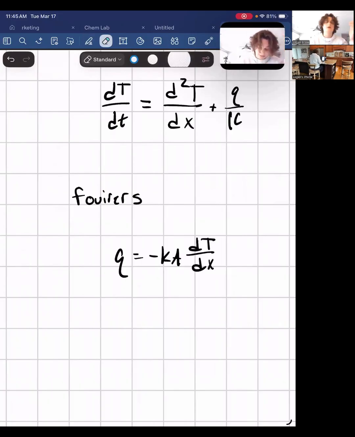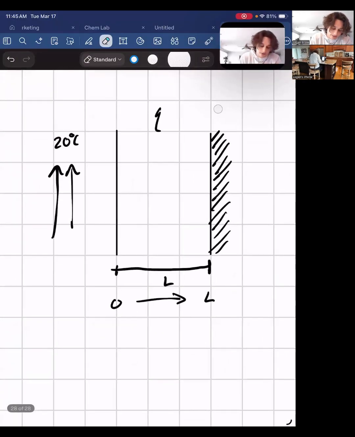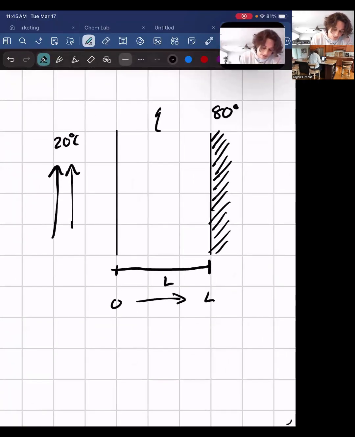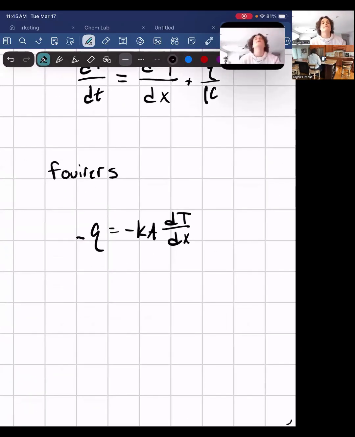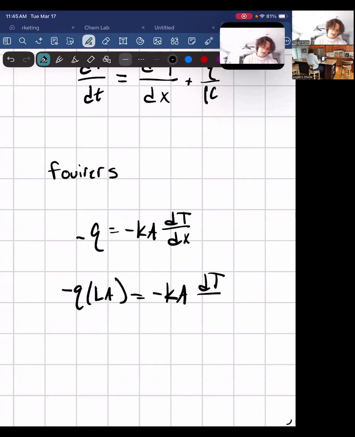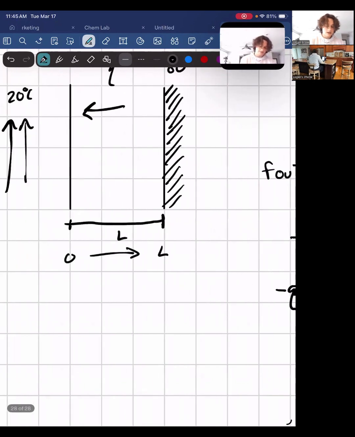And so in this occasion, we know, right? So it's going to be 80 over here. We know that heat is flowing in this direction, so our Q will be negative, right? And so when we look at this, it'll be Q times our volume, right? LA equals minus KA dT/dx.